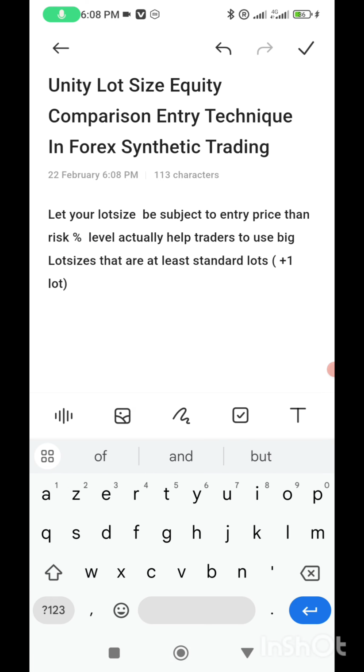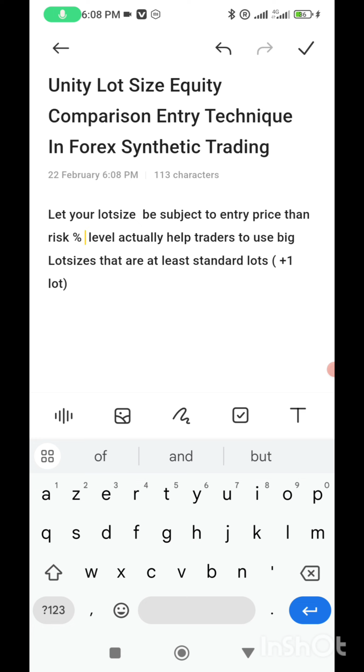Some person will say, I'm going to risk 10%, I'm going to risk 20%, I'm going to risk 5% of my equity. If you are basing it like that, it will just be a control of your lot size. It will just tell what lot size you are going to use, and in most cases you might end up using very small lot size.